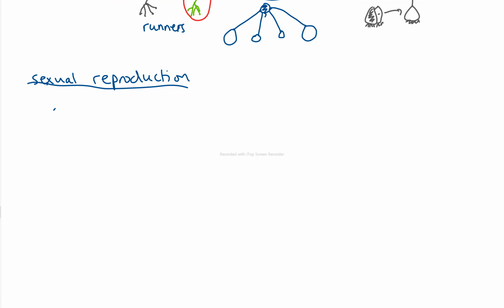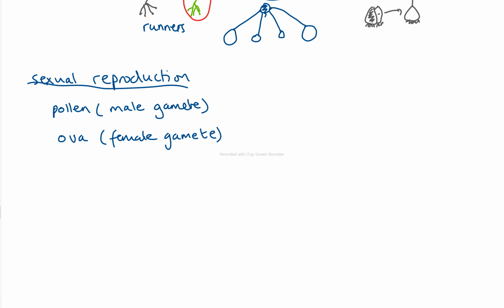As with animals or humans, you have pollen, which is the male gamete, which is equivalent to a sperm cell, and then you've got the ova as the female gamete, which is equivalent to the egg.